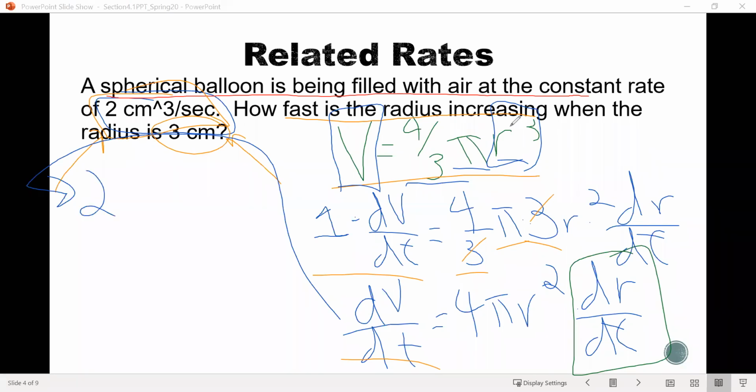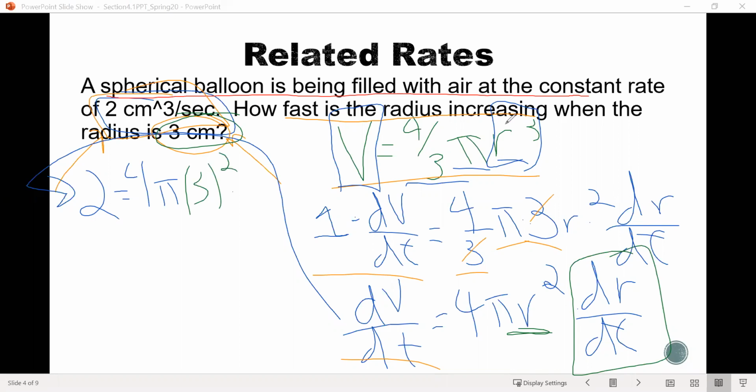So that would become 2 equals, we have the 4 times pi, and then we have this variable r. Do we have some information for that? Oh, right, yeah, because we want to know what the dr dt is when the radius is 3, so we can plug that in. So that'd be 3 squared. Sorry, I changed colors there.